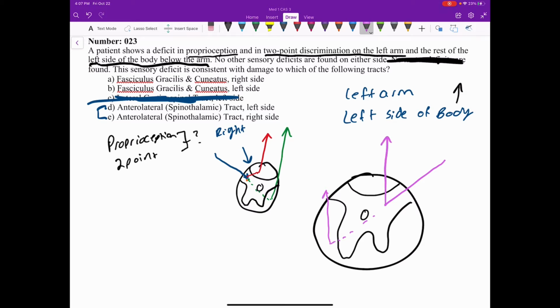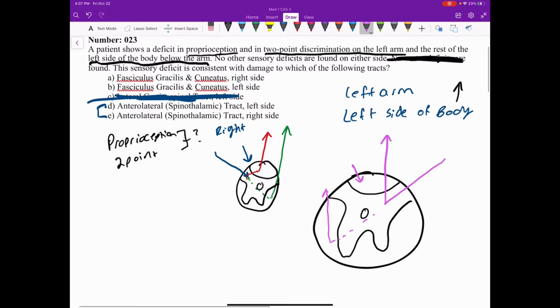So if it comes up this way, where is it passing through? It's passing through the dorsal white column. I know I threw this curveball at us, but I just wanted to reiterate the fact that we can't just assume and guess through these questions, like when I give them in the YouTube videos.